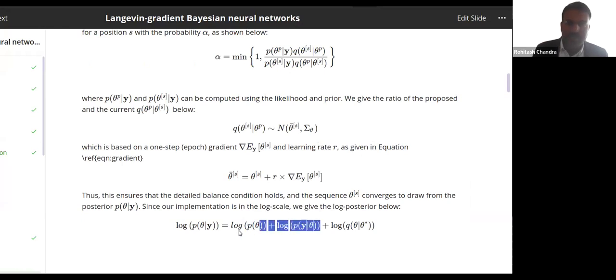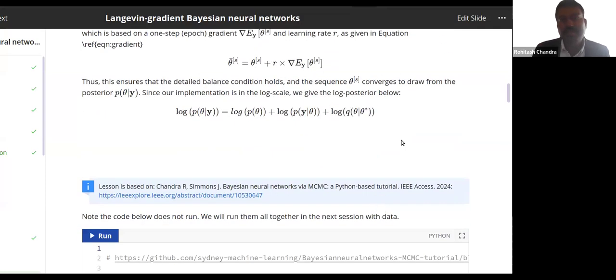So these two are the conventional things that we did in Bayesian neural networks and Bayesian linear models with random walk. And in that random walk, we did not consider this part. This is the ratio of the proposal distribution that we need to consider in this part. Why?